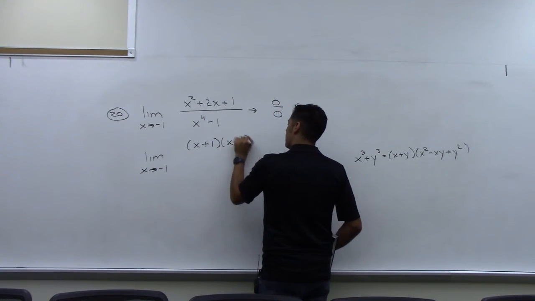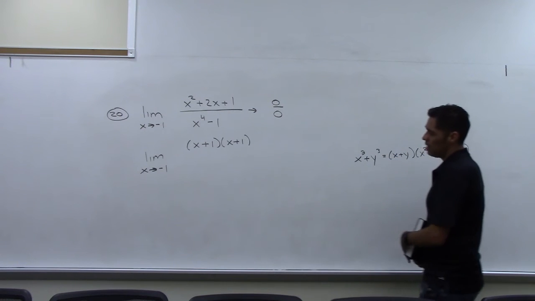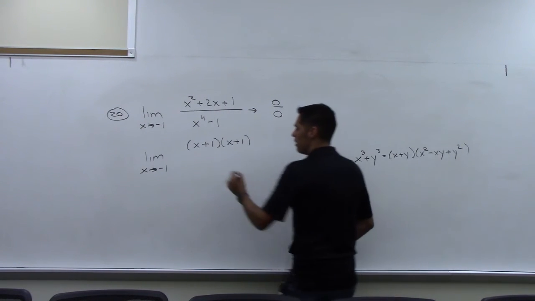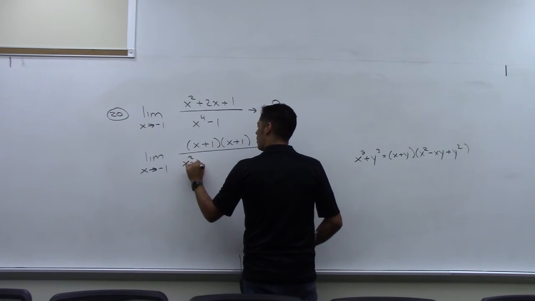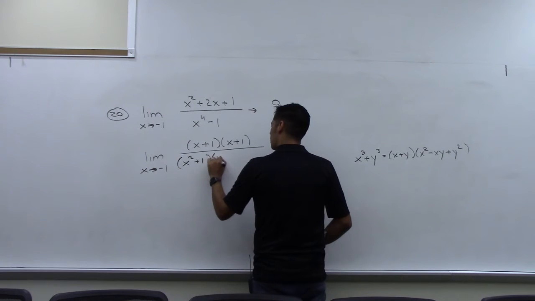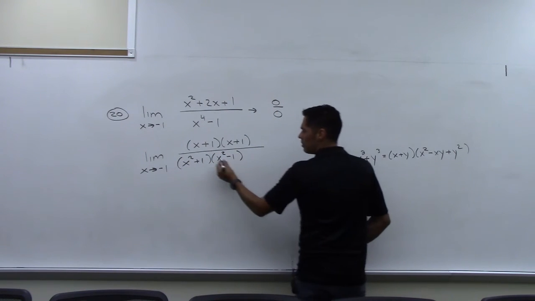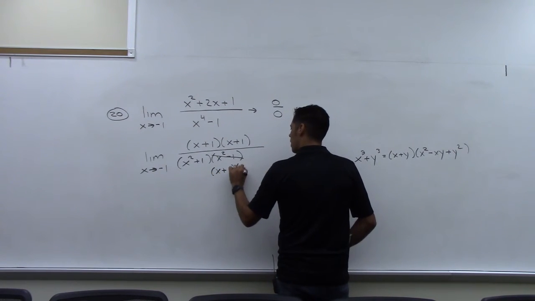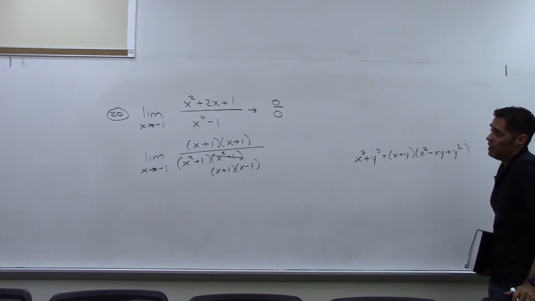It's x plus 1 times x plus 1. Okay? And if you multiply that out together, you'll see you'll get that x squared plus 2x plus 1. And then on the bottom, we have a difference of squares. This is x squared plus 1, x squared minus 1. And then we realize that this factors again, x plus 1, x minus 1. So look, you have to know how to factor, you have to know how to recognize things, or else you're going to be in trouble.